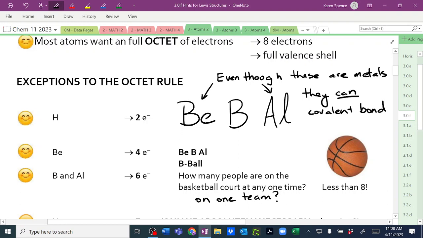Beryllium needs 4 electrons in total, 2 pairs. Now if you look at beryllium, that's 2 unpaired electrons, so that's 2 bonds. So it kind of fits that nicely, but you can just remember beryllium needs 4.